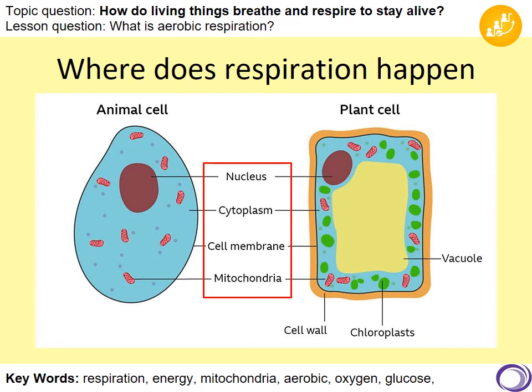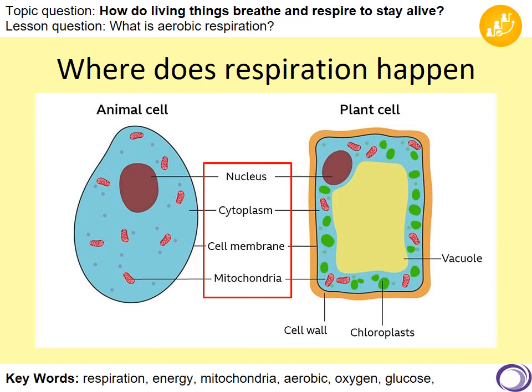So if everything needs to respire, then respiration must take place in one of these. Well, if you remember, the nucleus is what contains all the genetic information that allows the cell to reproduce. The cytoplasm is where chemical reactions take place, and the cell membrane is what controls what goes in and out of the cell.